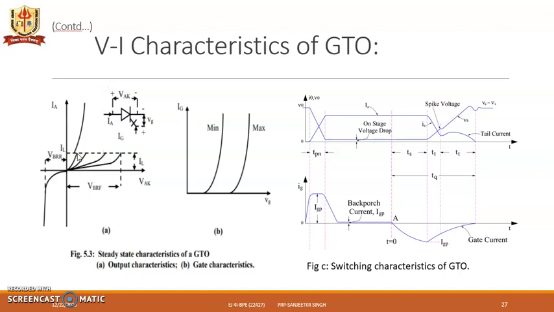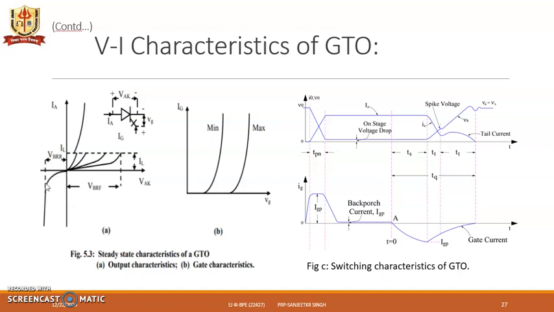In the first quadrant, the forward blocking mode, when the anode is made positive with respect to the cathode and a positive gate pulse is provided, and when the breakover voltage is reached, it will turn on and there will be a small on state voltage drop, which will increase as the load current increases.